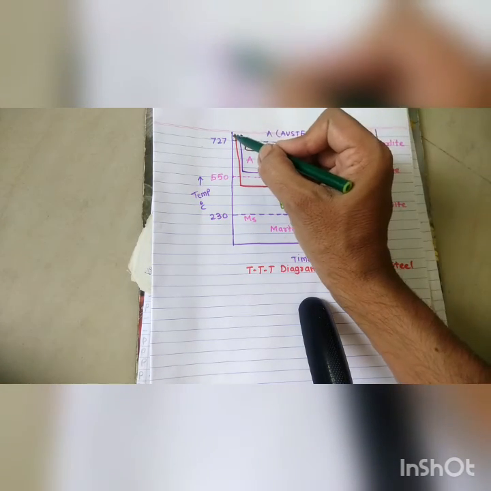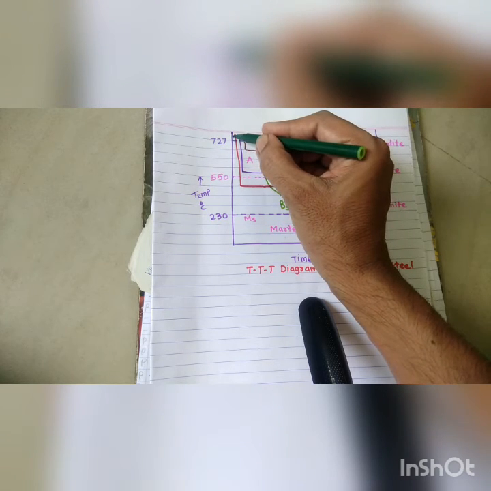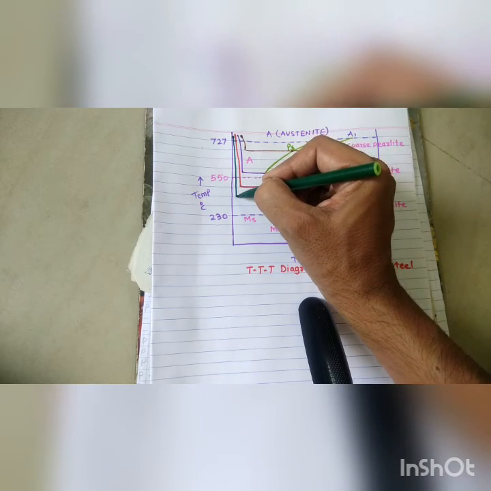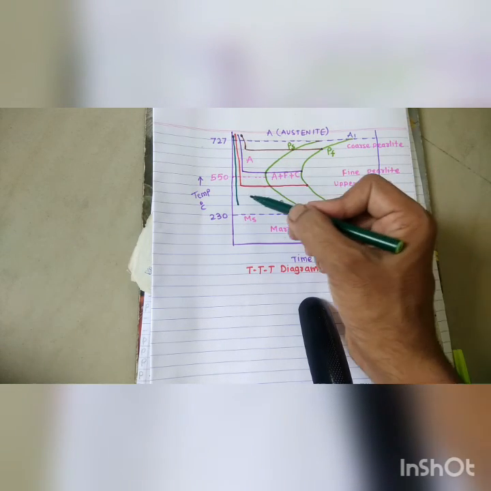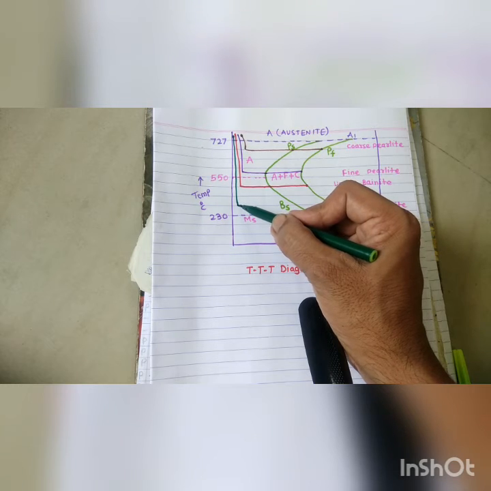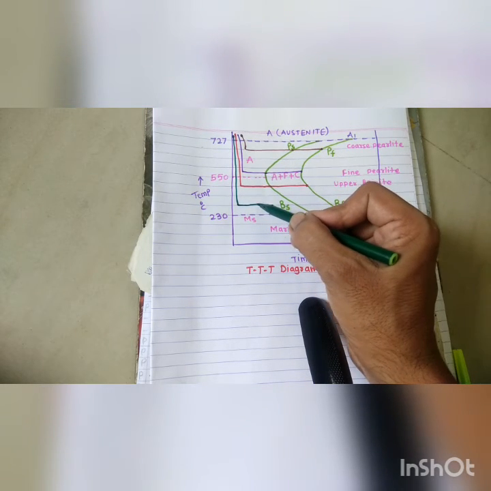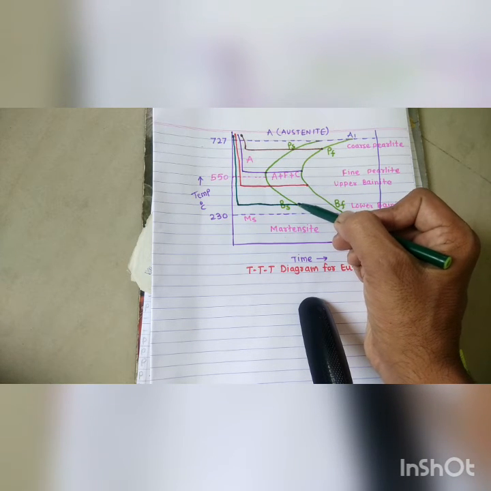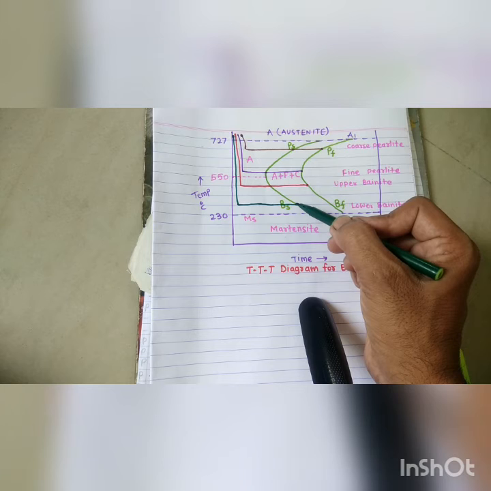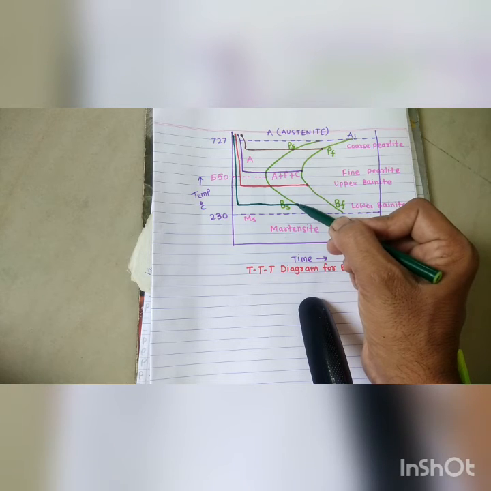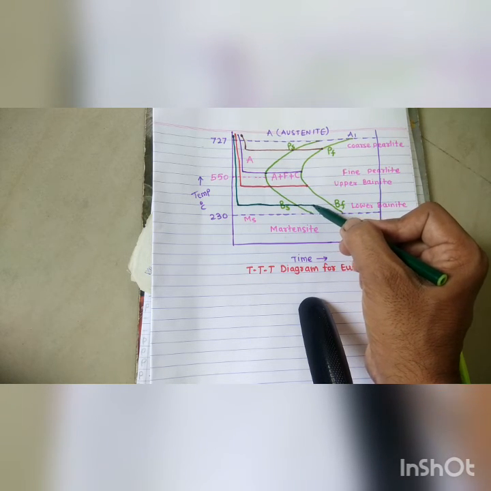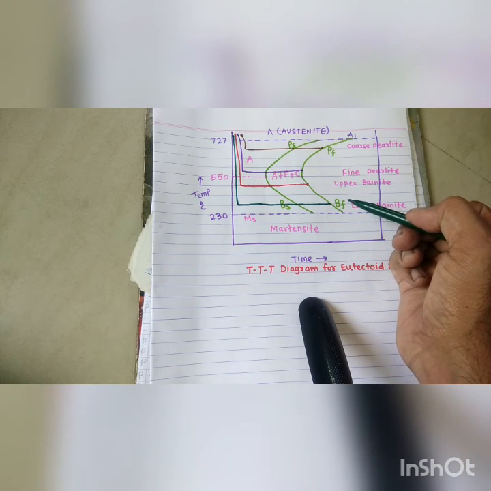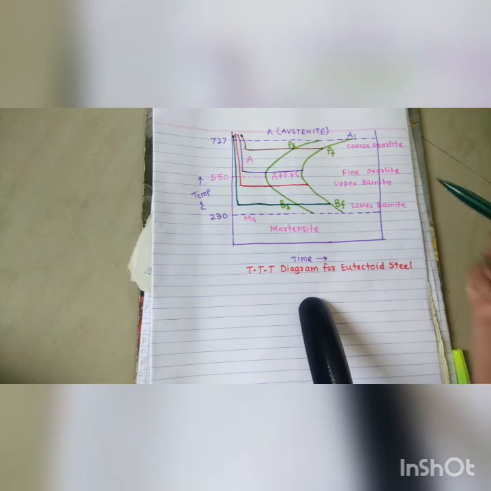And the last one is austenite to lower bainite transformation. Heating the steel again to this temperature A1 plus 50, holding at this temperature for a sufficient period, and then immediately transferring that steel sample to some temperature just above MS, and holding at this constant temperature for a sufficient period of time, we enter into the start of bainite, and again holding at this temperature for a sufficient period of time, we enter into BF, that is bainite finish or finish of bainite transformation.